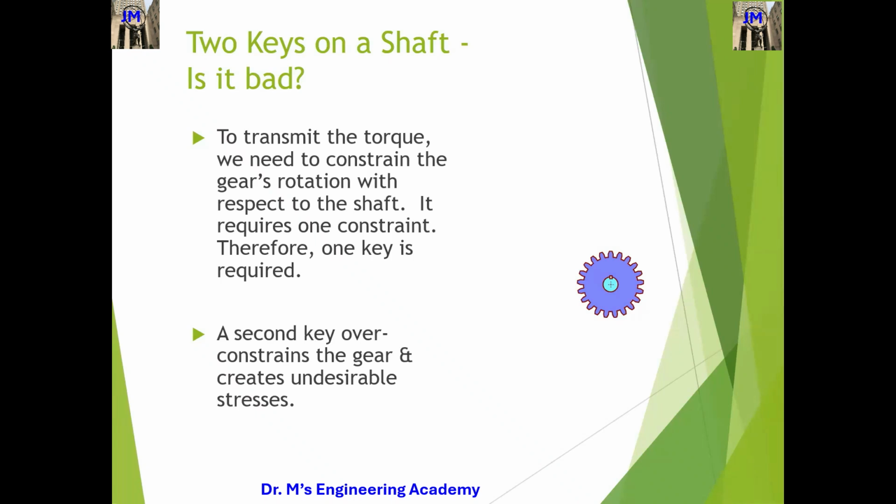I use keys. This is called a key. We try to transmit the torque. We need to constrain the gear's rotation with respect to the shaft, and it requires one constraint. Therefore, one key is required.